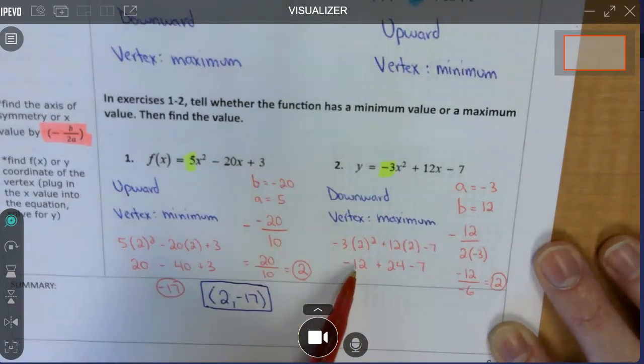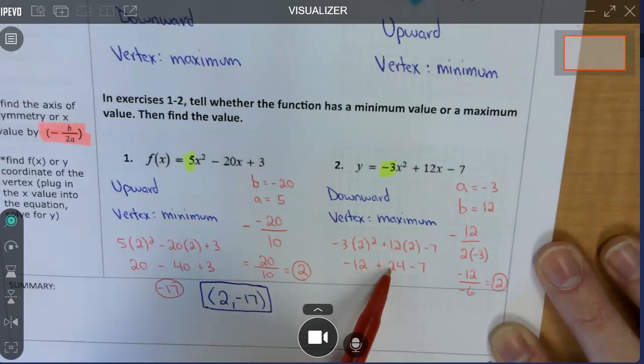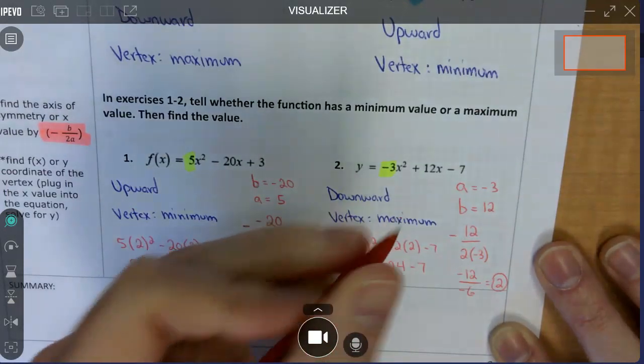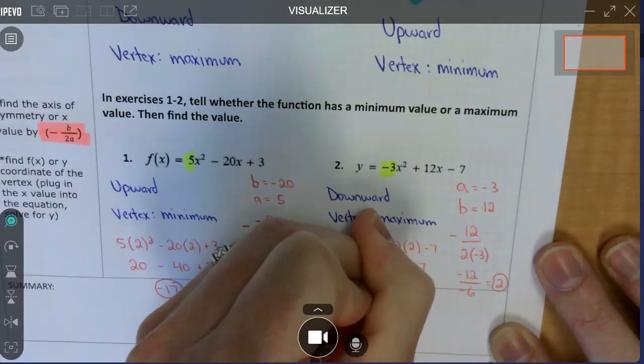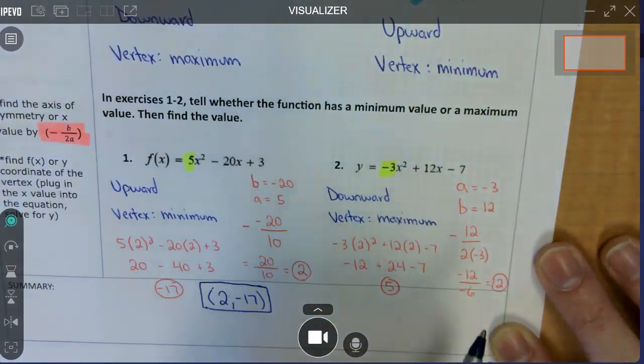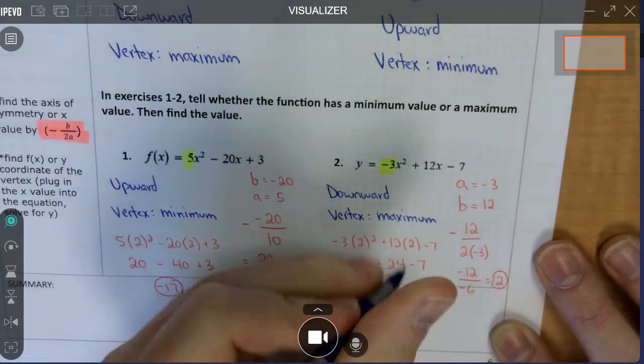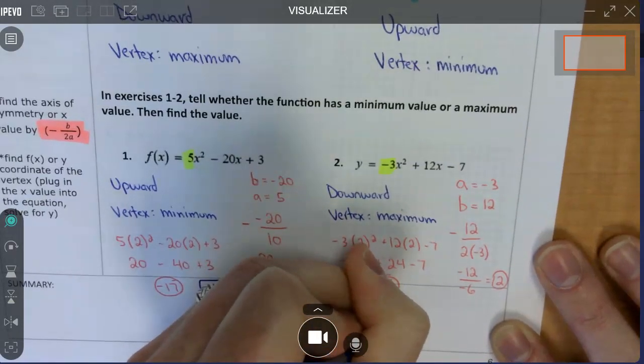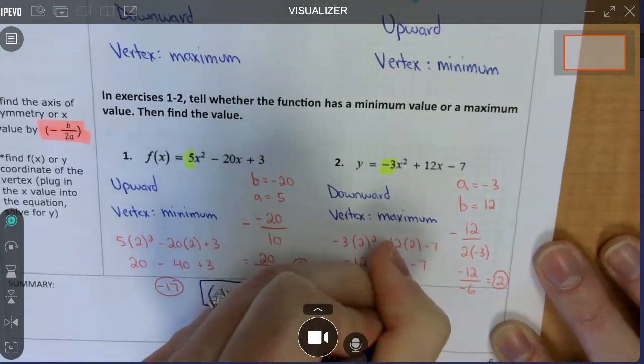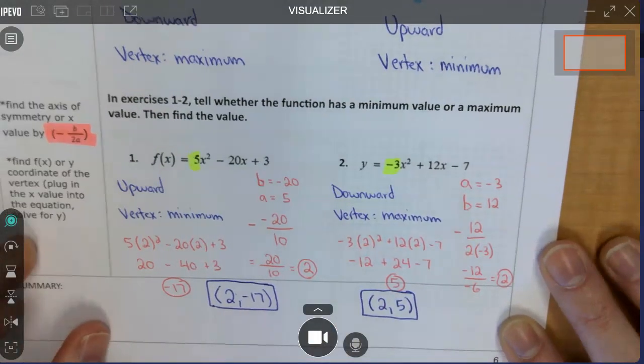So negative 12 plus 24 is positive 12. Positive 12 minus 7 is going to give me 5. So that's the y value. When x was 2, the y value is 5. That's my vertex at the point (2, 5). And that would be my maximum value at the top of this parabola.